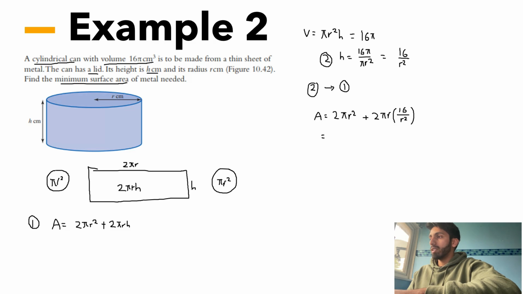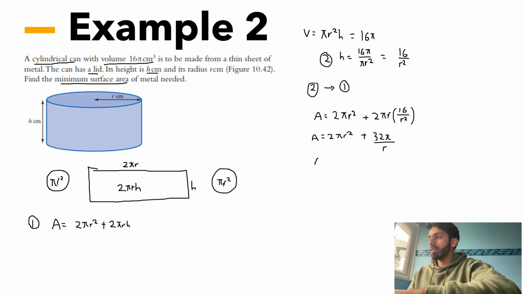Okay, expanding this, we get 2 pi r squared, now the r and r cancel out. The 2 times the 16 makes 32, so that gives us 32 pi over r. And because we're going to be differentiating this, I like to make sure r is never in a denominator.